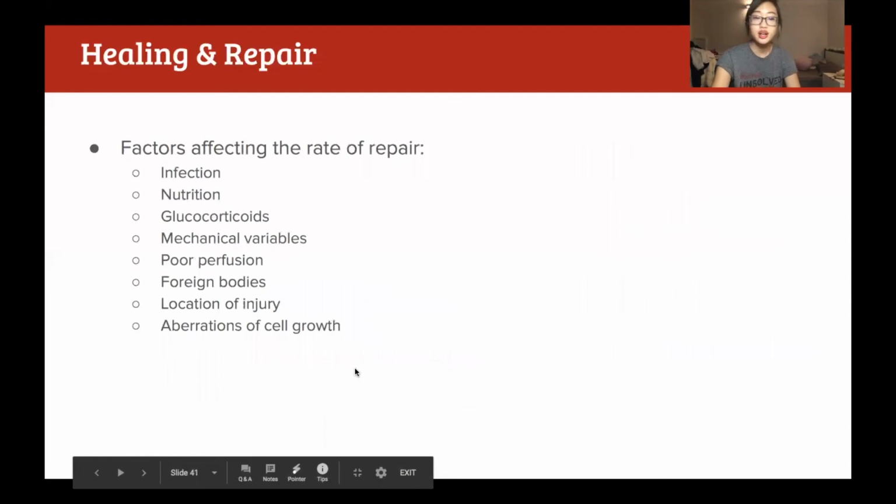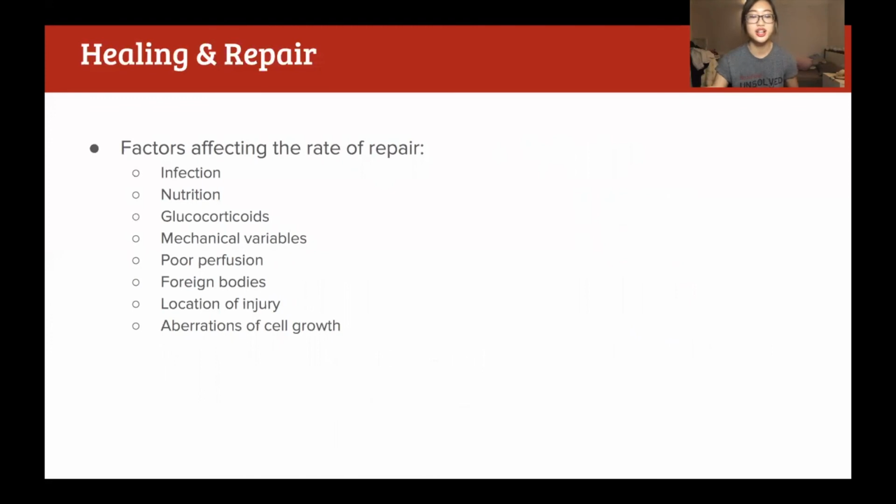Scary stuff. Okay, and then last but not least, as I said, this is not a big lecture. So factors affecting the rate of repair would be infection, nutrition, glucocorticoids, mechanical variables, poor perfusion, foreign bodies, location of injury, and aberrations of cell growth.